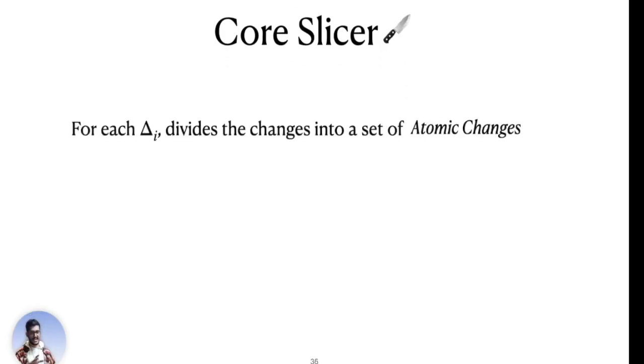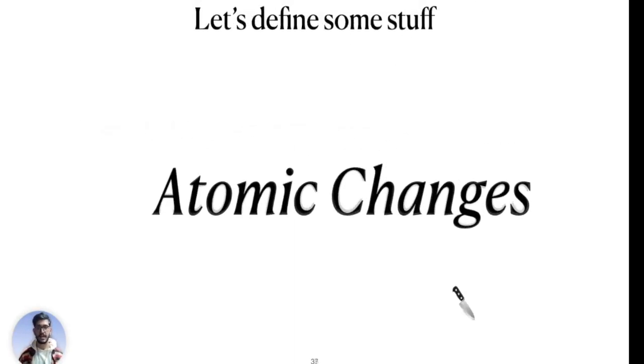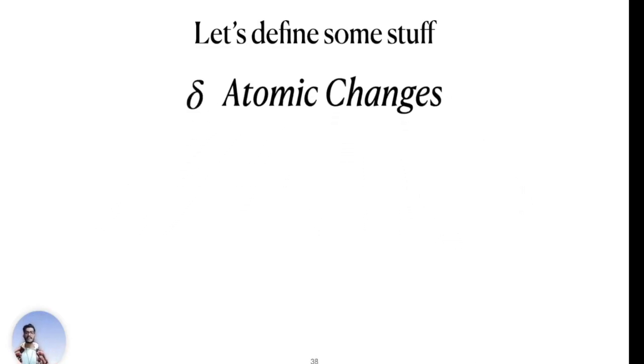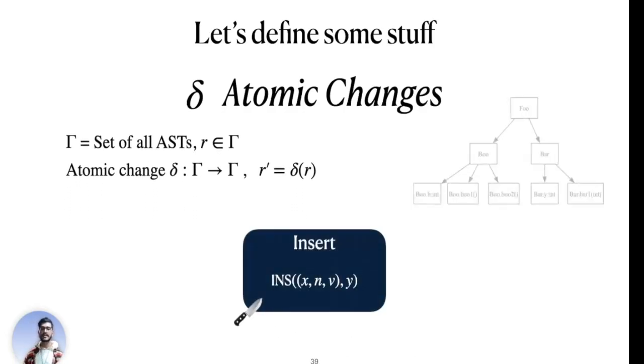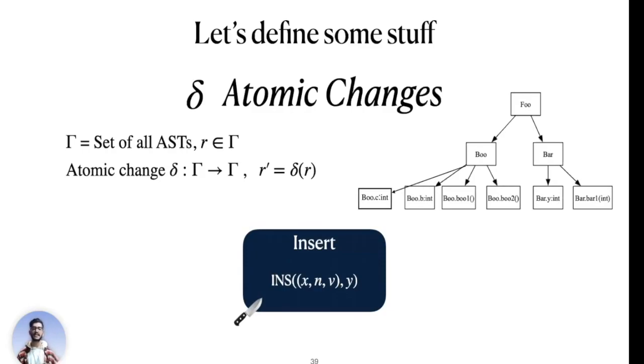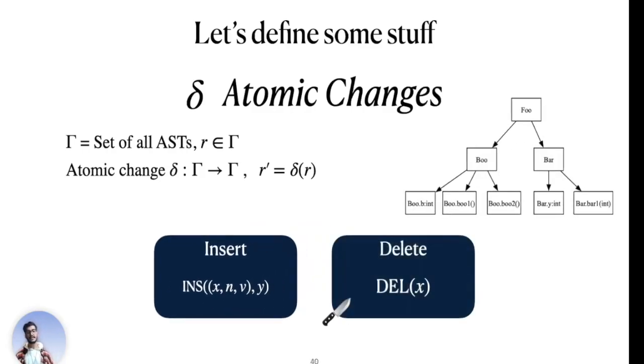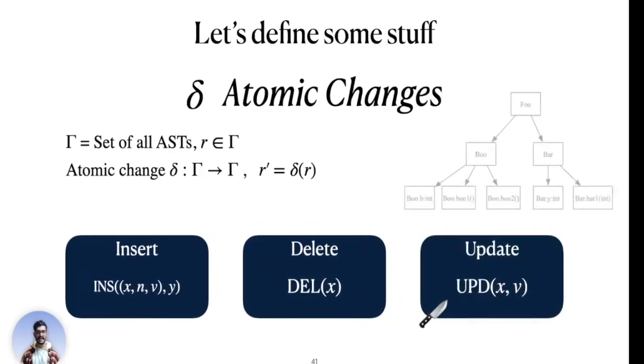For each change set that CSlicer goes through, it will divide that change set into a bunch of atomic changes. Now, what are atomic changes? They are changes that update our AST. How do they do that? It's either in the form of an insert, in the form of a delete, or in the form of an update.